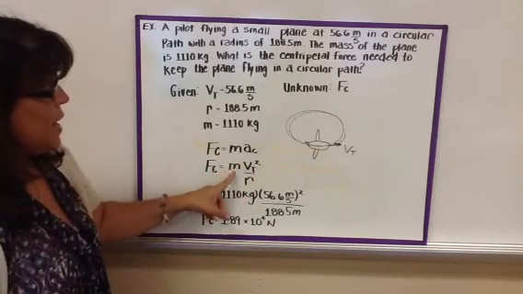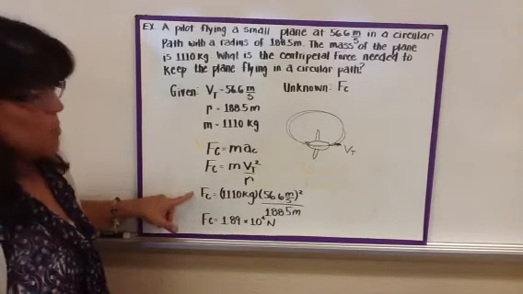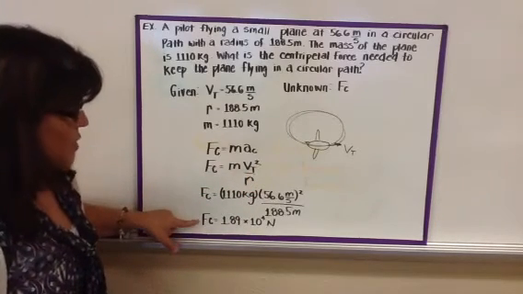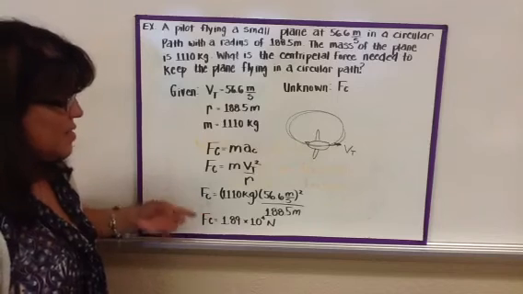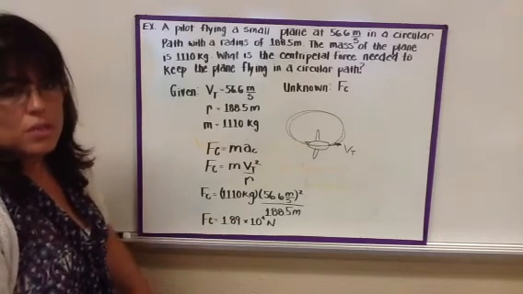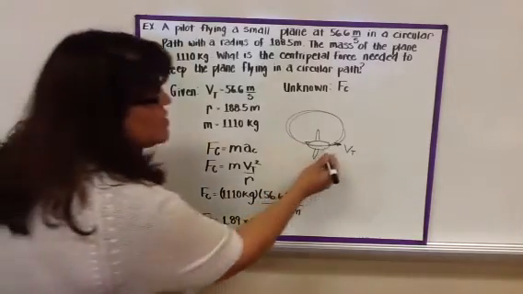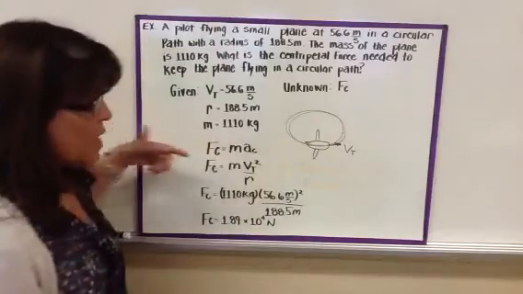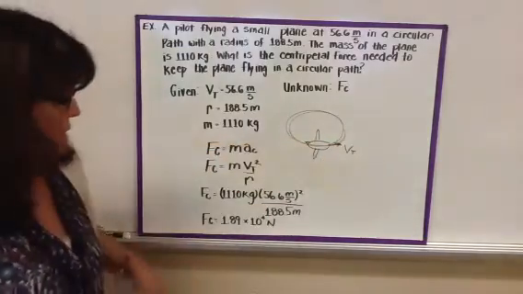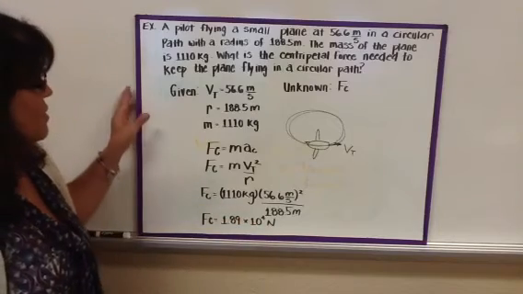So FC is mass times V tangential squared over R. Then all we have to do is just plug in the numbers. The force needed, this pilot needs to create a force of 1.89 times 10 to the 4th newtons to keep that plane going in a circular path. Otherwise, the plane is going to want to follow that tangential velocity and go straight. Okay, and remember, force is in newtons, and we have newtons here.